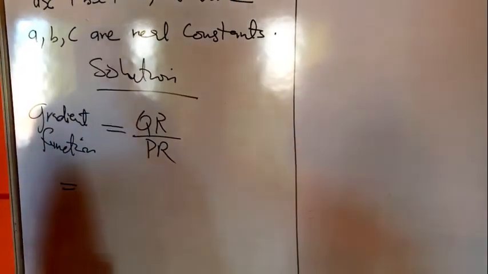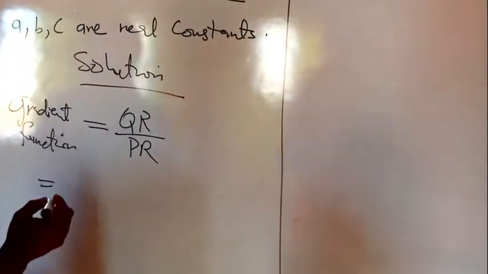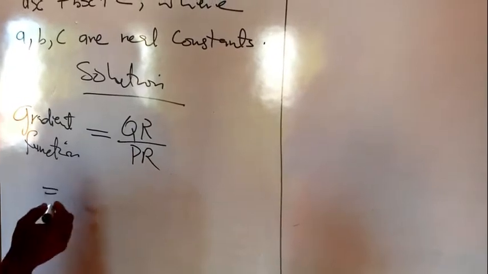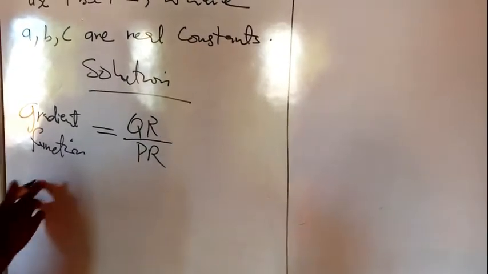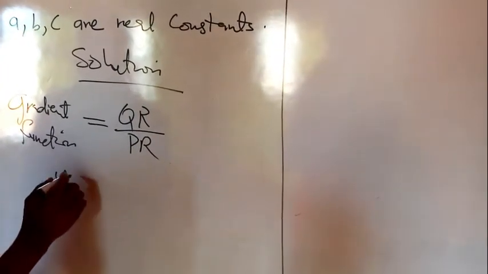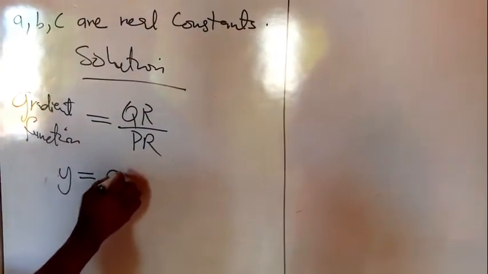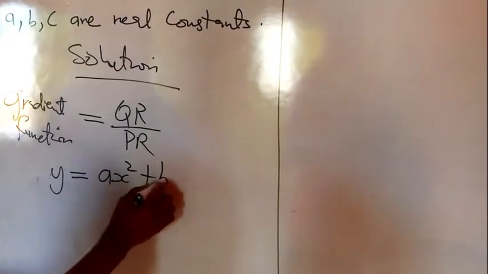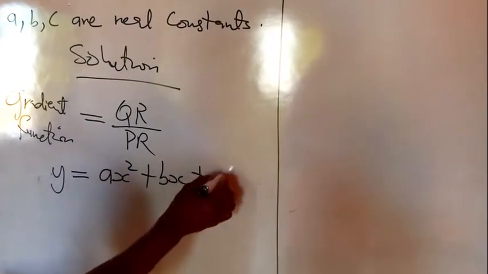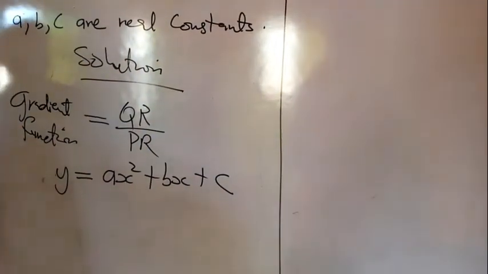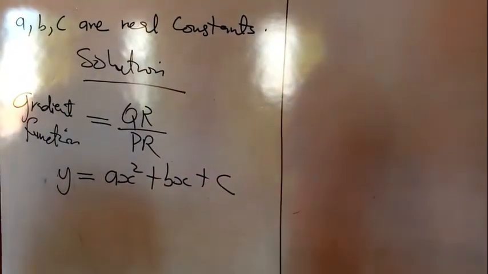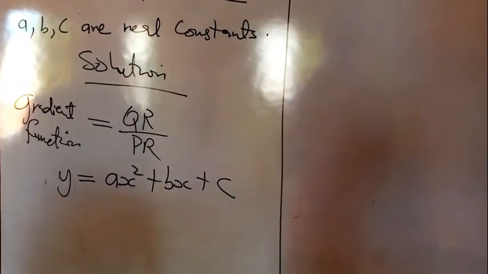So from the board, we know now that we are solving an equation y equals ax squared plus bx plus c. So that is the quadratic equation on the board.